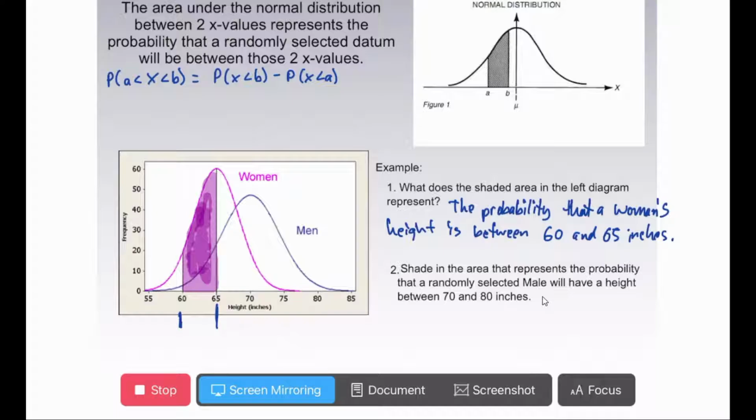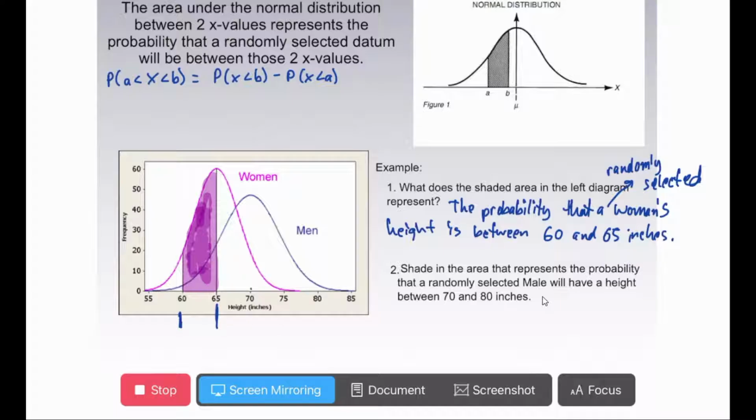We are also asked to shade in the region that represents the probability that a randomly selected male will have a height between 70 and 80 inches. So basically the second question is the same type of question, we're just working in the other direction. So we're going to look at the area under our men curve.